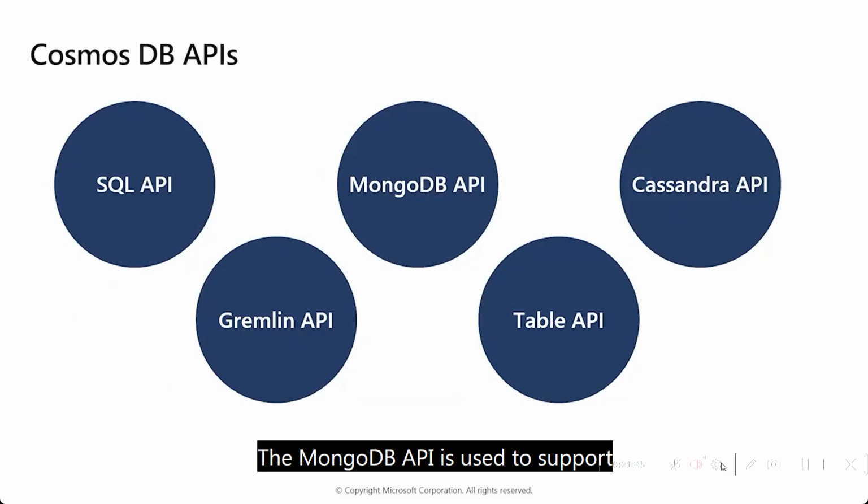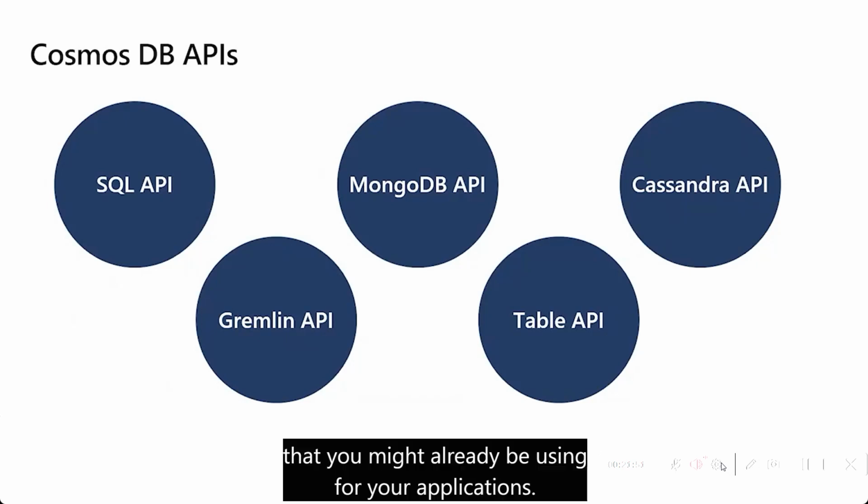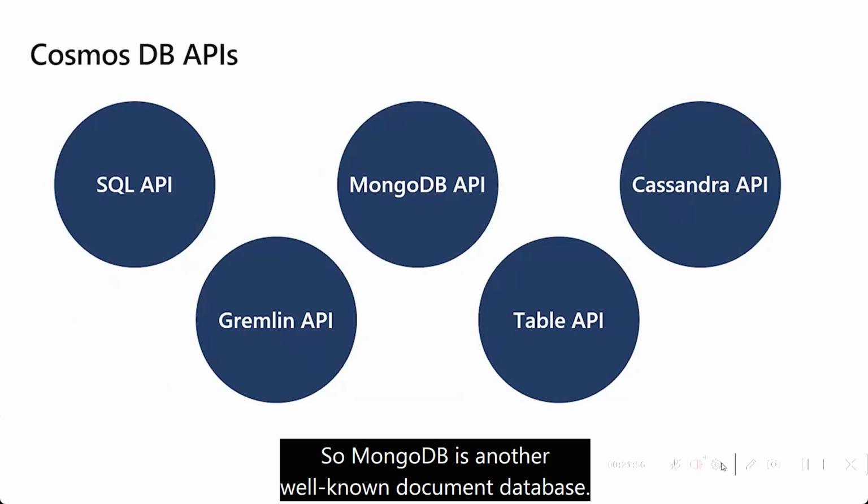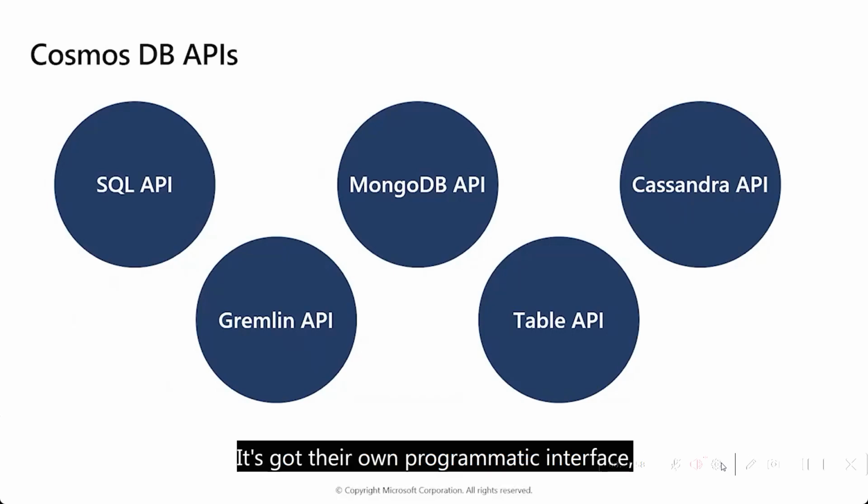The MongoDB API is used to support any MongoDB databases that you might already be using for your applications. MongoDB is another well-known document database. It's got its own programmatic interface, and many organizations actually use it on premises.